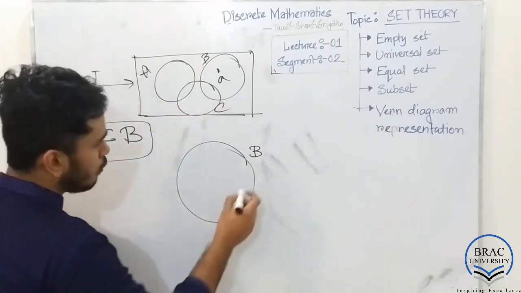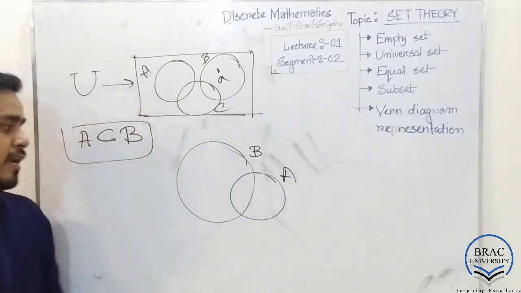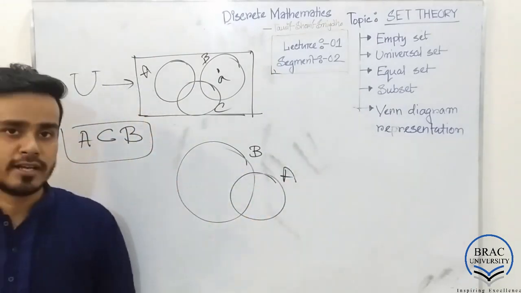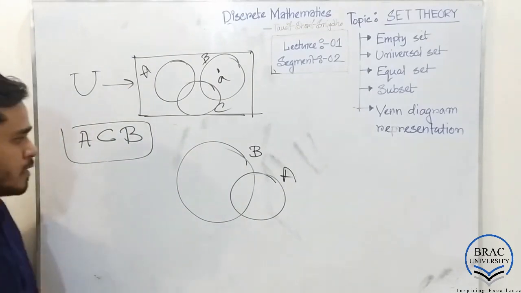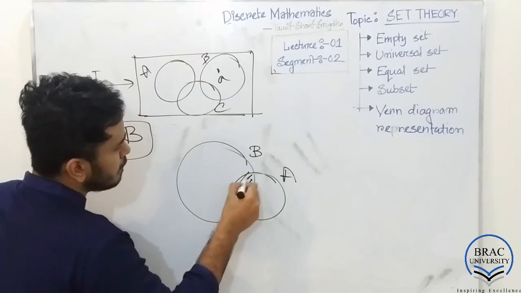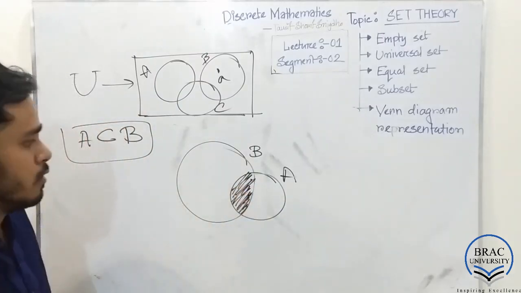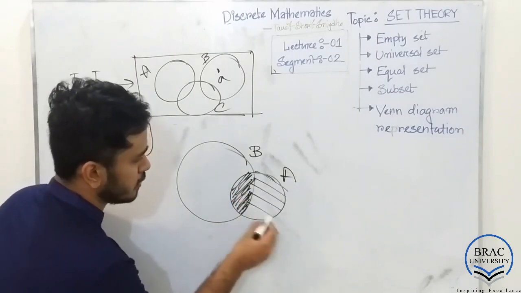circle B. Okay, now if circle A intersects circle B, then you can say that all of the elements of this region belong to both A and B. But what about this region?